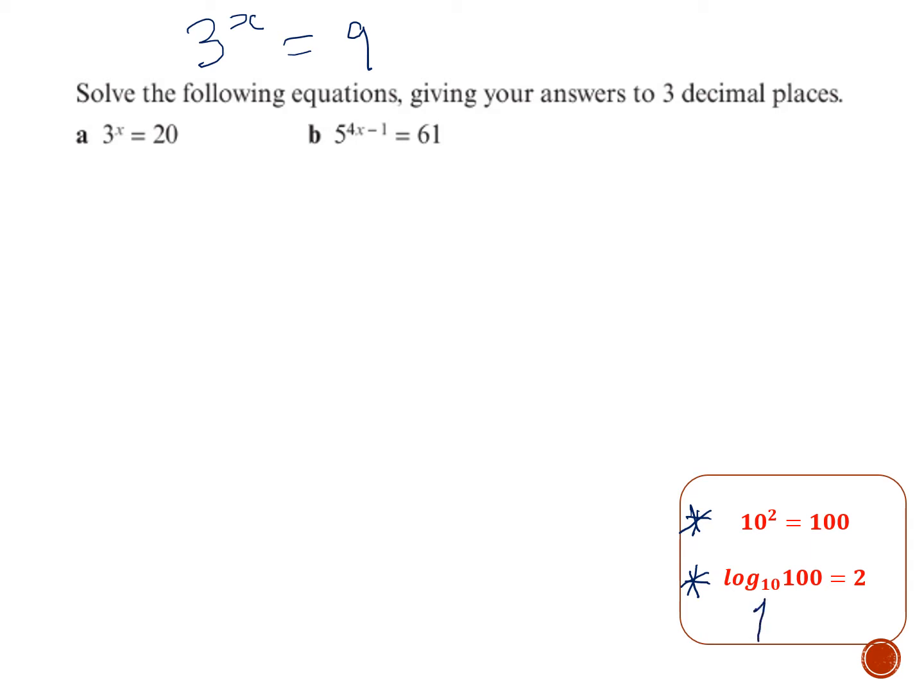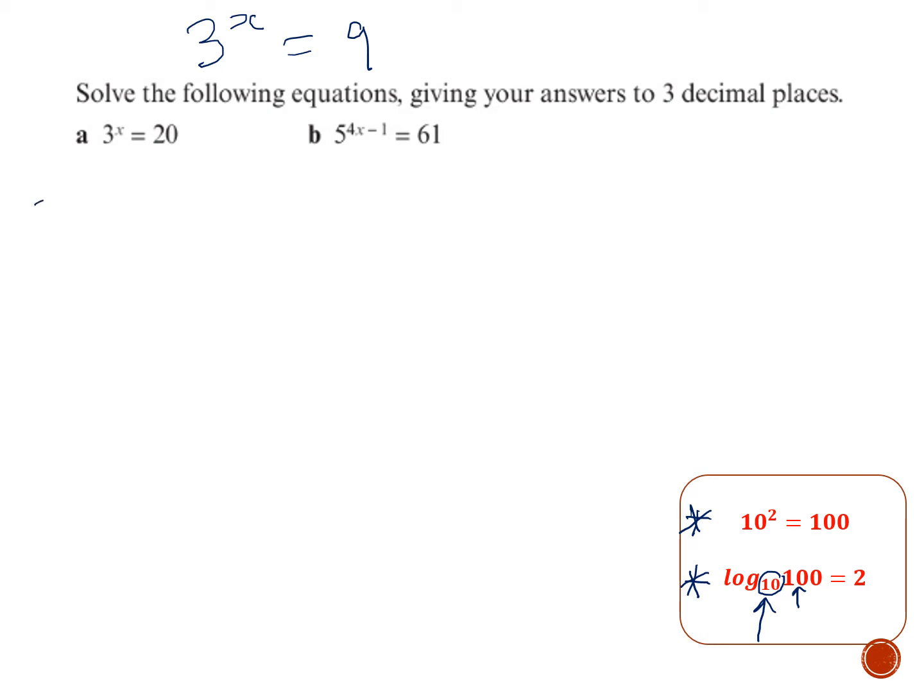So remember, when we're looking at a log form, if we want to work that out, we're saying what power do I raise the base number 10 to, to get 100, and that gives me 2. So if I go back up to my first example, what I'm saying is x is equal to what power do I raise 3 to, to get 20.